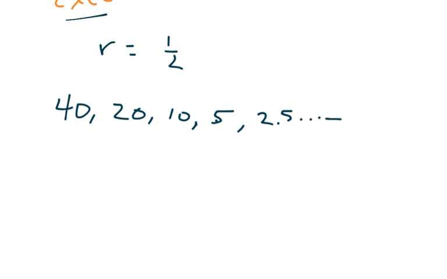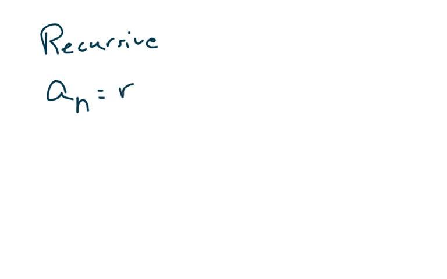Now, the recursive rule, of course, requires that we know the previous term. The formula for a geometric sequence is that the next term equals the common ratio times the previous term. And we must have a starting point, otherwise it isn't going to work.